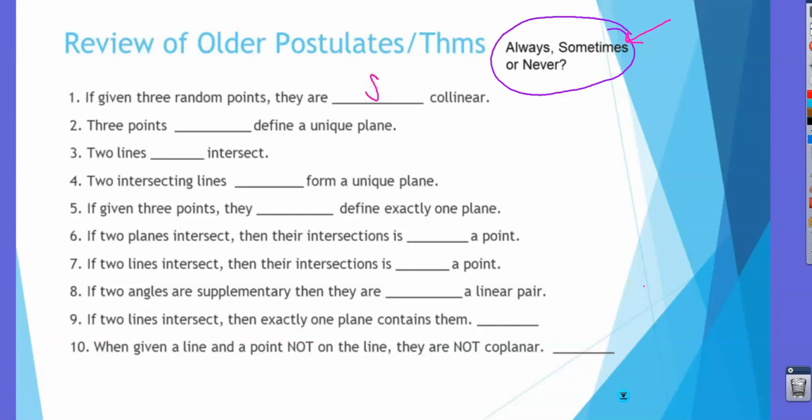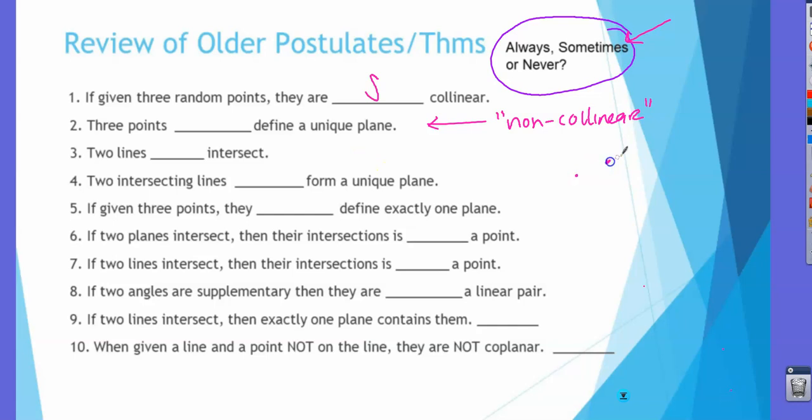We'll just do A, S, and N. Okay, 3 points define a unique plane. So they're saying if they give you 3 points, that's going to be exactly one plane. Well, they're missing a very crucial word. They didn't say non-collinear. And because they didn't say non-collinear, this isn't always going to make just one.